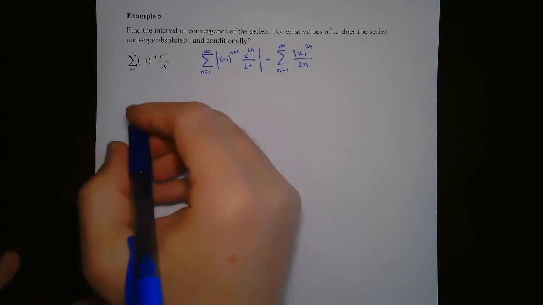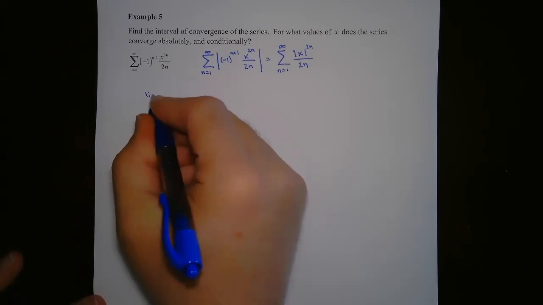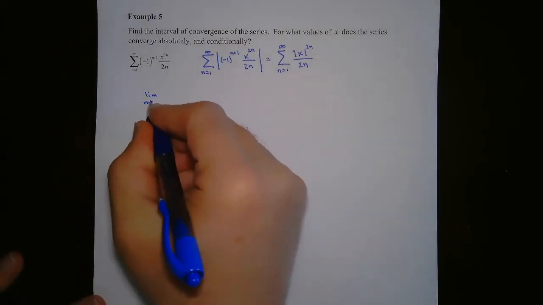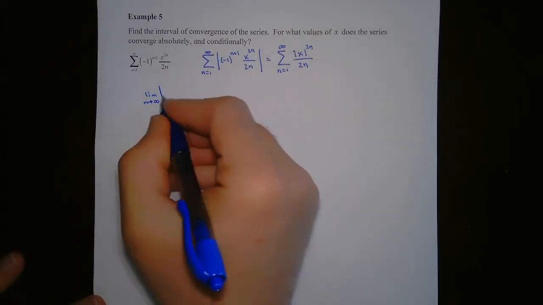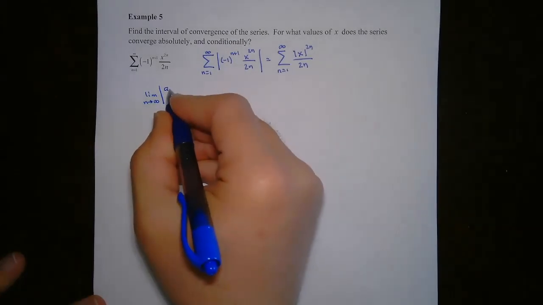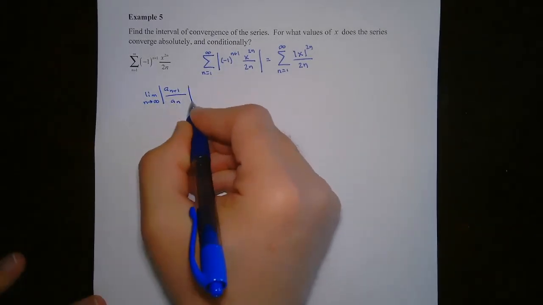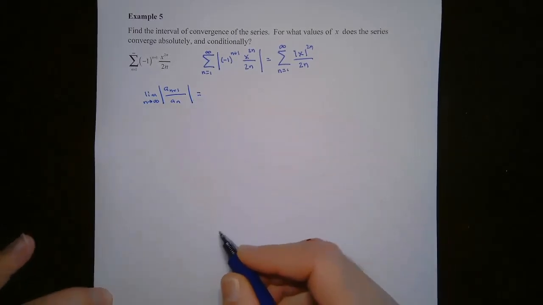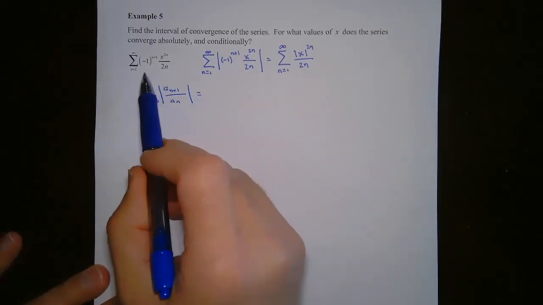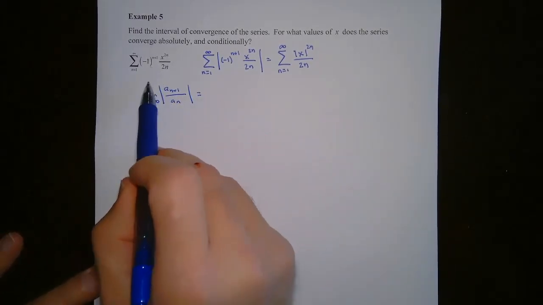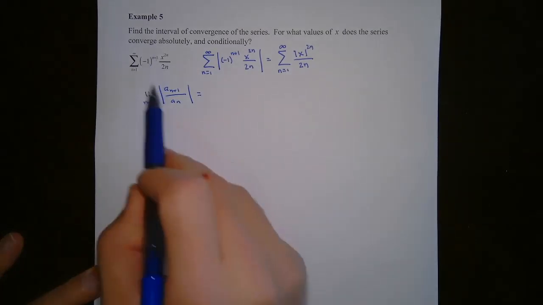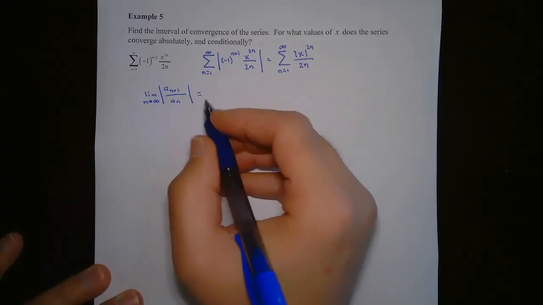We're going to do the limit as n goes to infinity of the absolute value of a sub n plus 1 over a sub n. Then we really don't need to worry about the -1 factor because we're taking the absolute value of it.